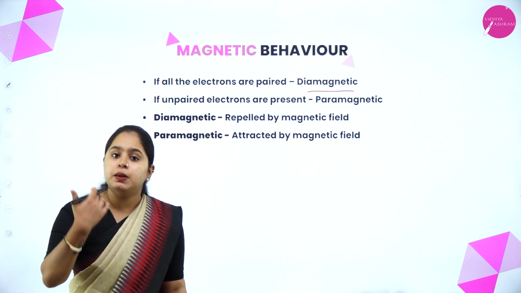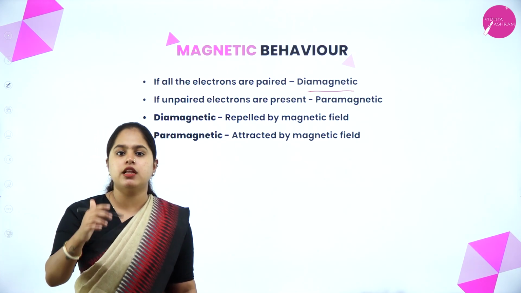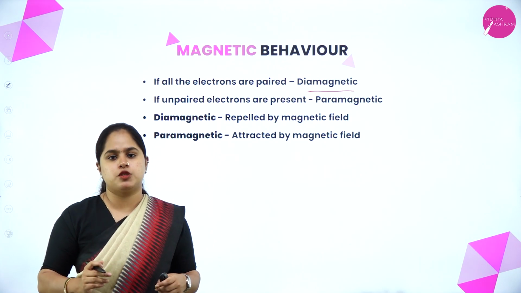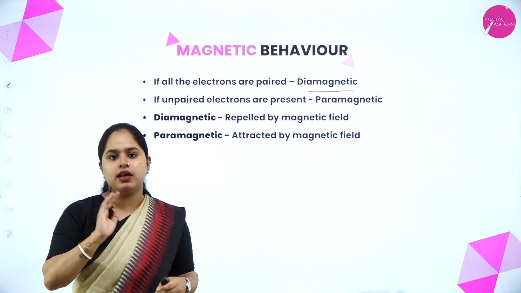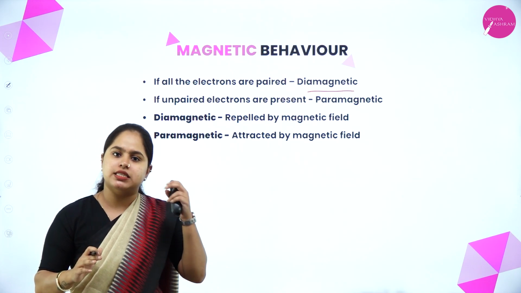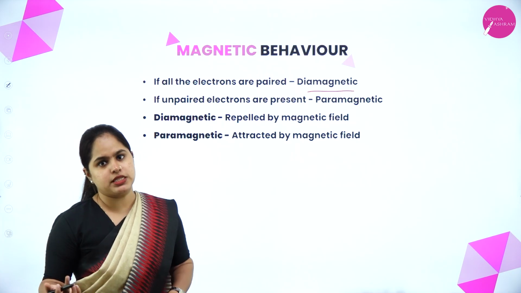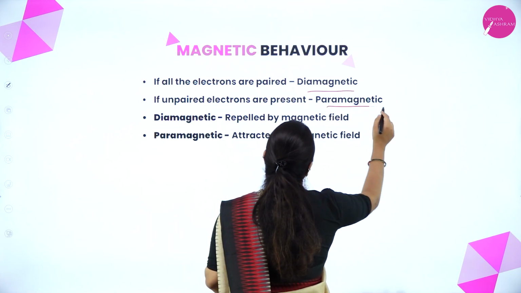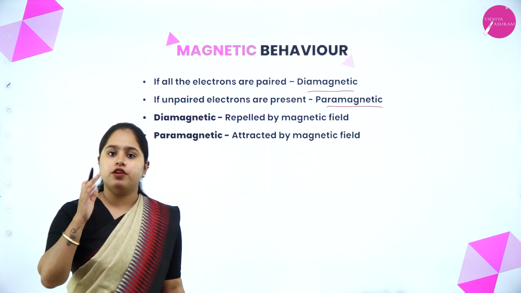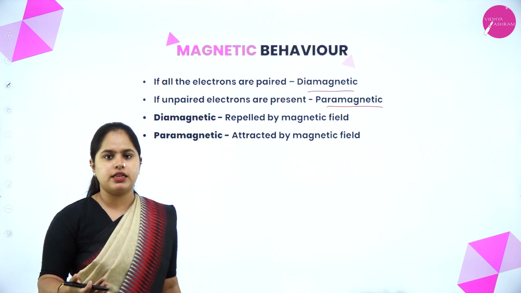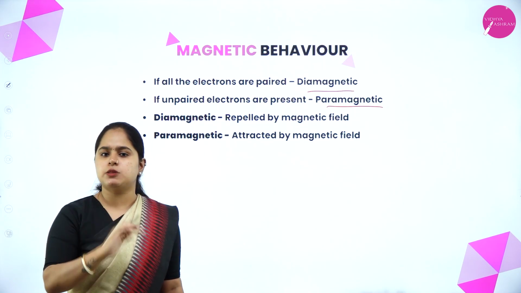And if there are unpaired electrons present in an orbital, that is, only one electron is present there and no other electron is present to pair it up, we say that there are unpaired electrons, right? So if unpaired electrons are present, the molecule will be paramagnetic. So if all the electrons are paired, it is diamagnetic, and if there are unpaired electrons, it is paramagnetic.